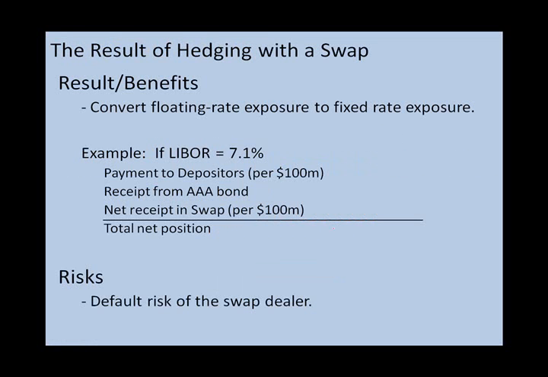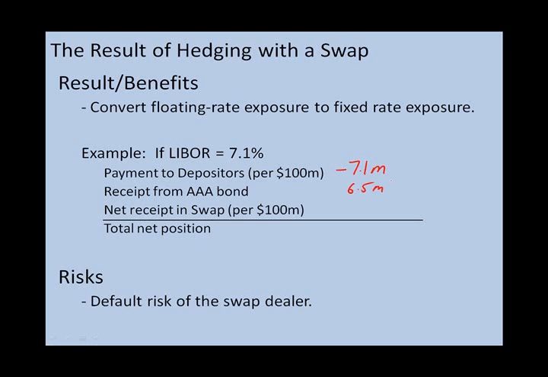Well, what happens with LIBOR at 7.1%? Chase has to make a payment to its depositors, and that's going to be a cash outflow of 7.1 million because it's paying LIBOR to its customers. It receives 6.5 million from the AAA Corporation bond.